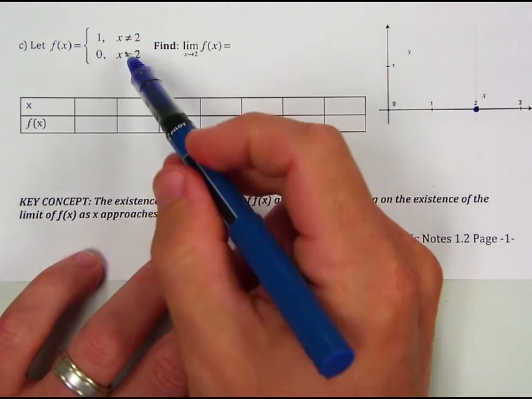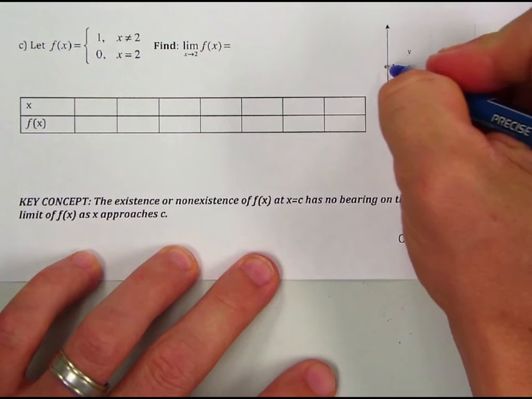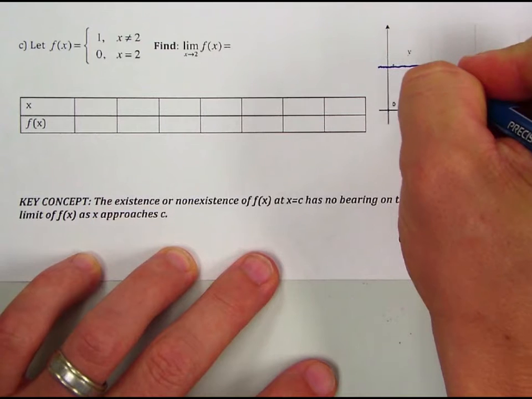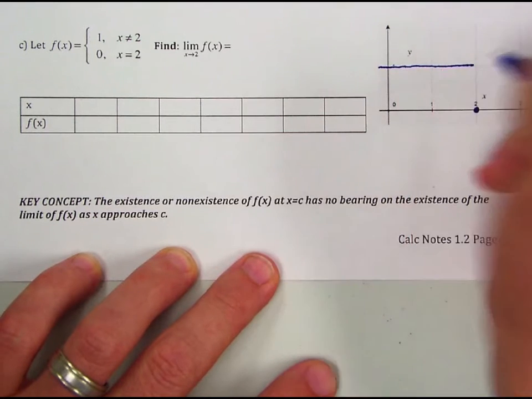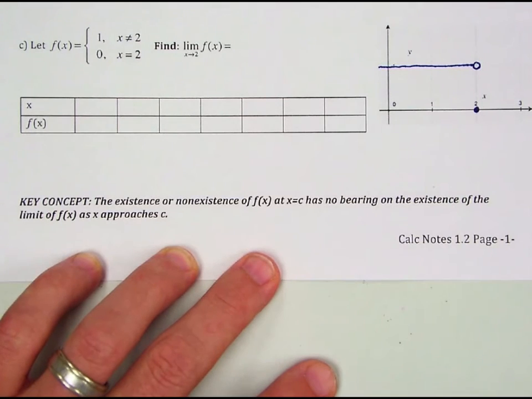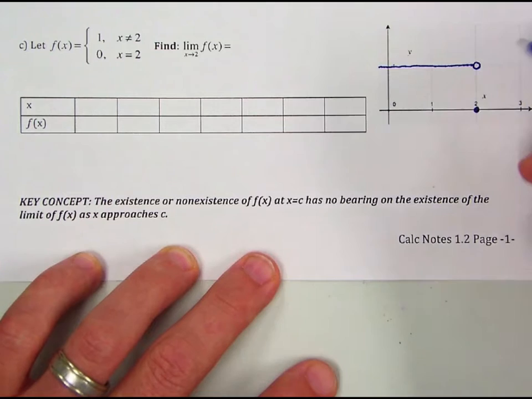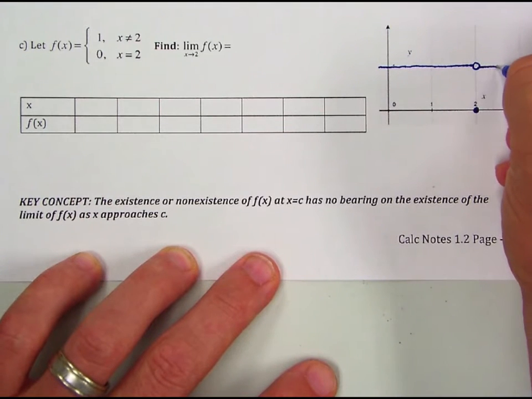And we know where it doesn't equal 2, our function equals 1. So it's going to look like this. Okay. We are going to put an open circle right there because at 2 it jumps down to 0, and then after 2 it jumps right back up.